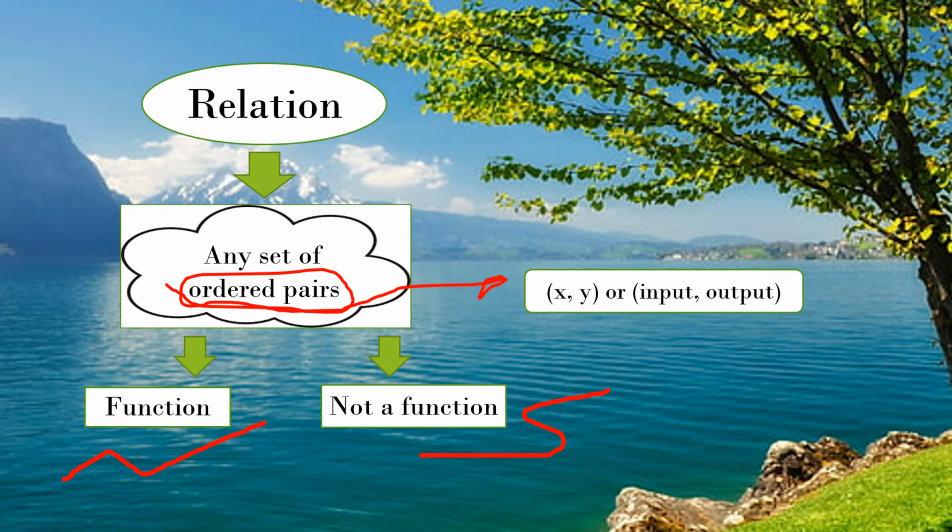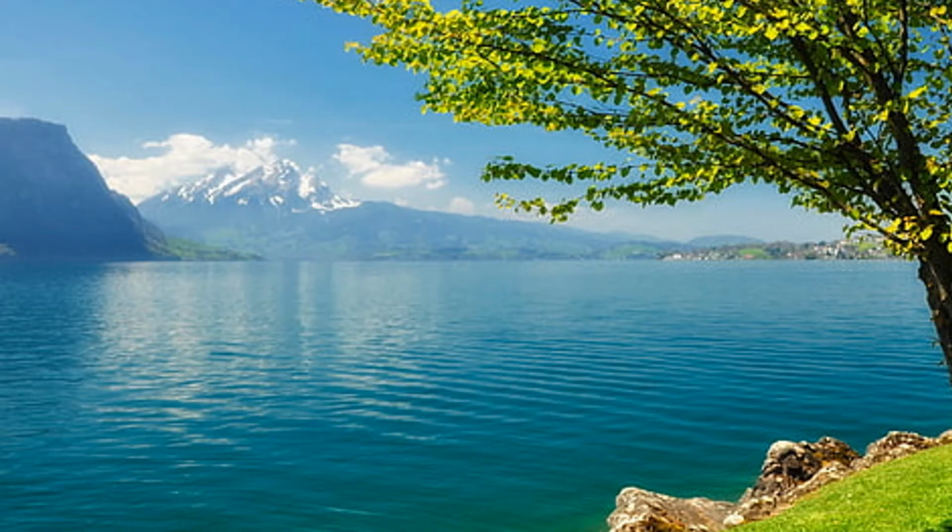They are actually graphs showing relations that are a function or not a function. Later on, you will be able to know why those graphs are said to be a function or not a function. Let us now understand what a function means.